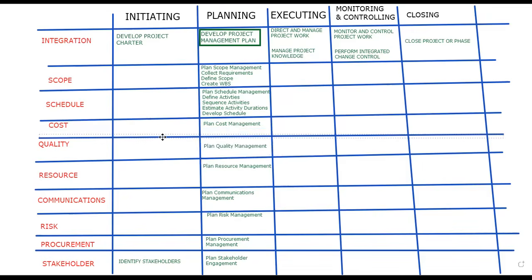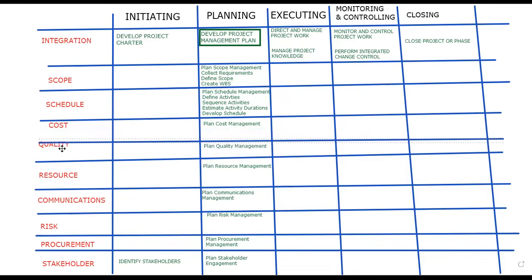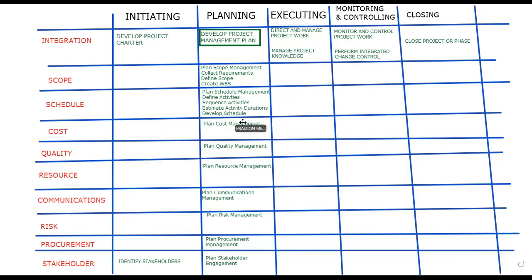All right. Next, we're going to go into cost. And there are 3 things that happen under planning and cost, very similar to what we did in schedule. We plan cost management, and then we estimate costs for each activity. It's like you're building a house and you want to furnish the house.